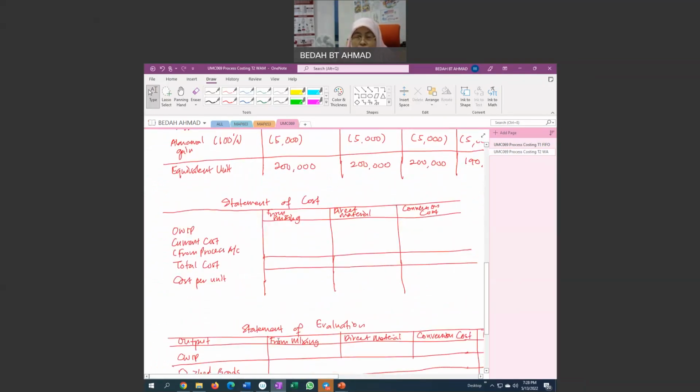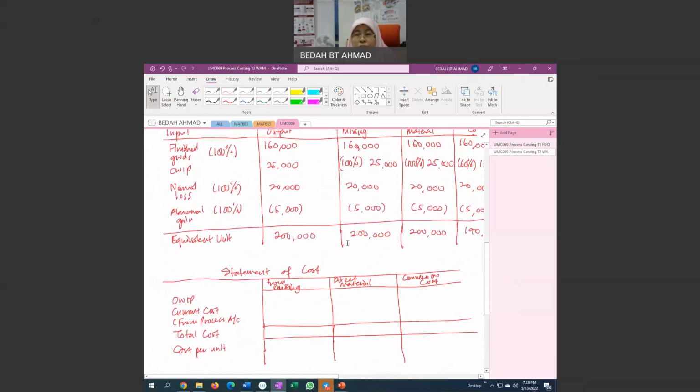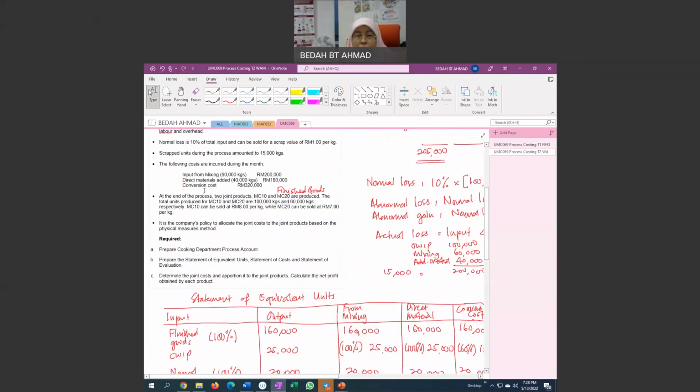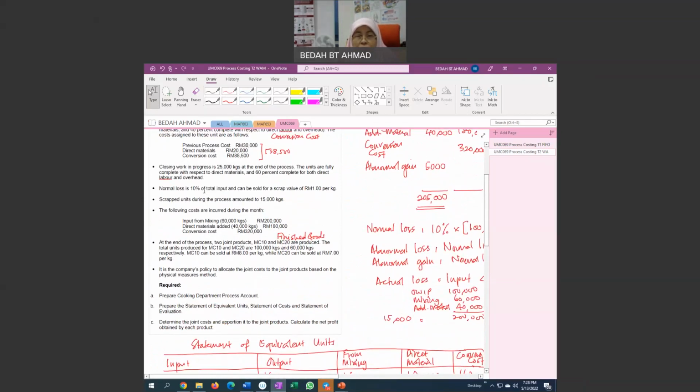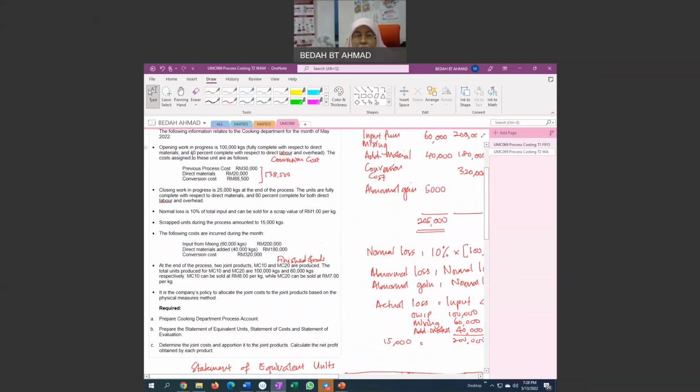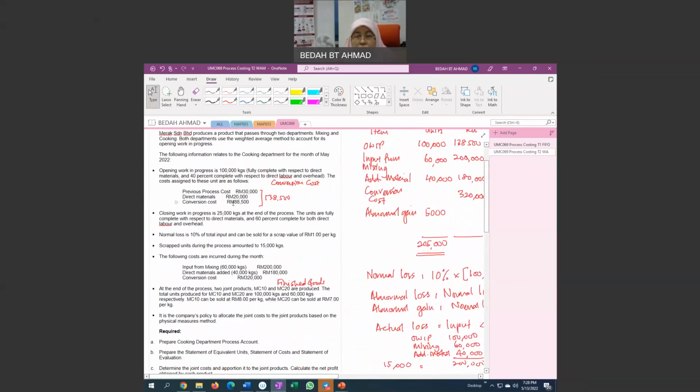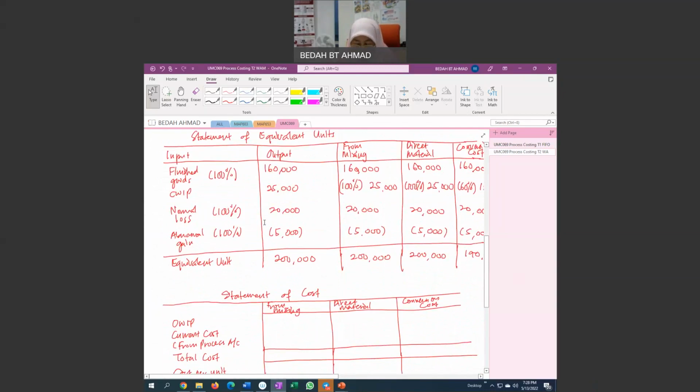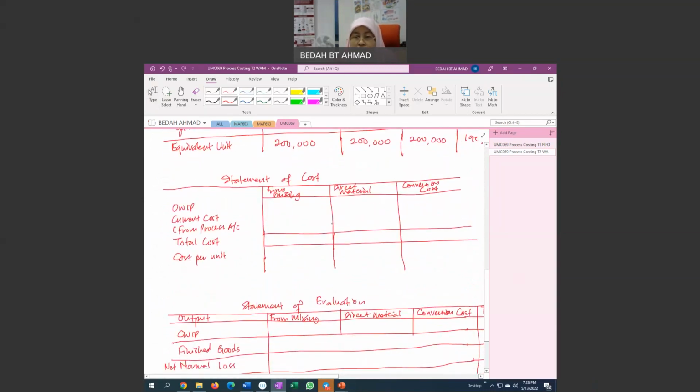Then we move to the statement of costs. For the opening work in progress, the value or cost we can have from the question. Previous cost 30,000, 20,000, and 88,500 for the conversion cost. So we put in the respective boxes 30,000, 20,000, and 88,500.